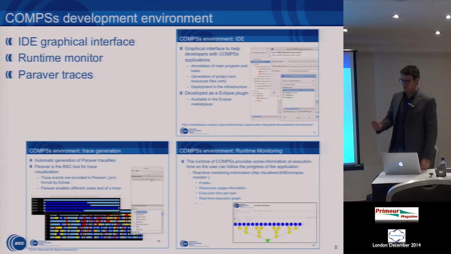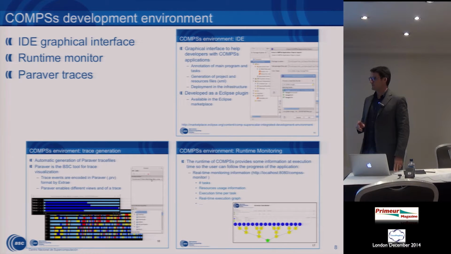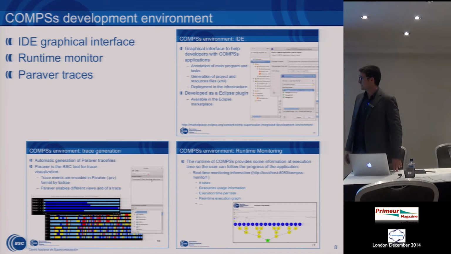Anyway, the user has to select the part of the application that will be treated by the COMPS runtime. And we provide now a graphical interface, which is a plugin for Eclipse, available through the Eclipse marketplace, that helps the developers to implement COMPS superscalar applications.